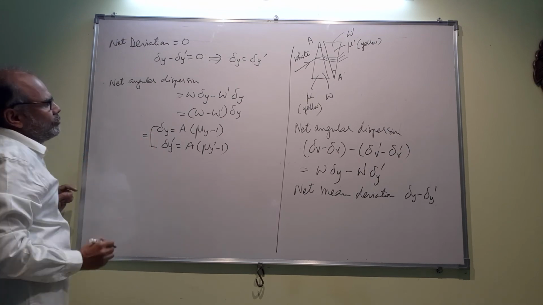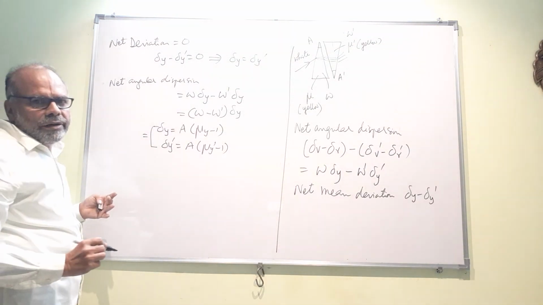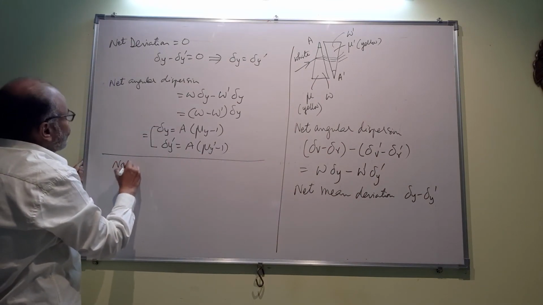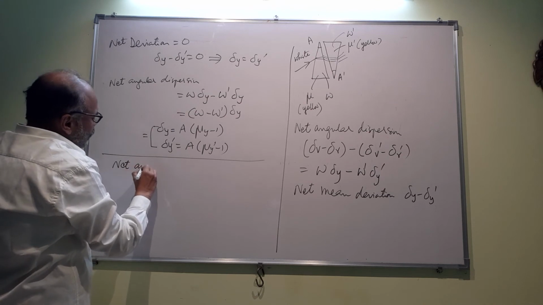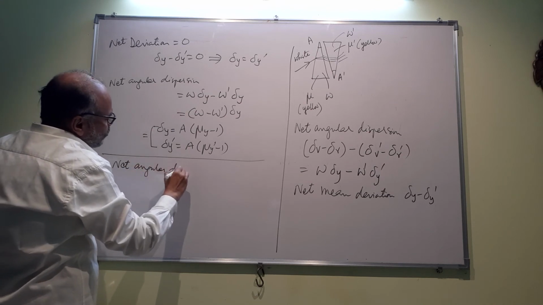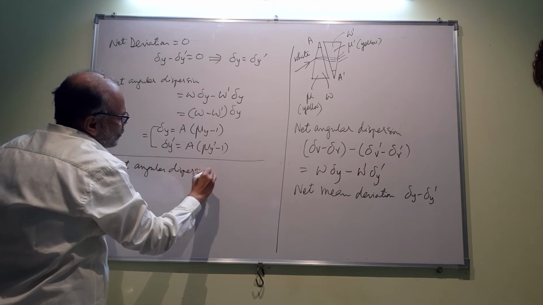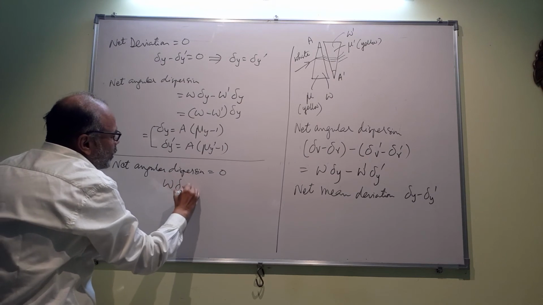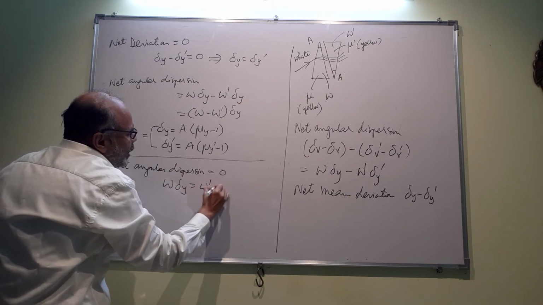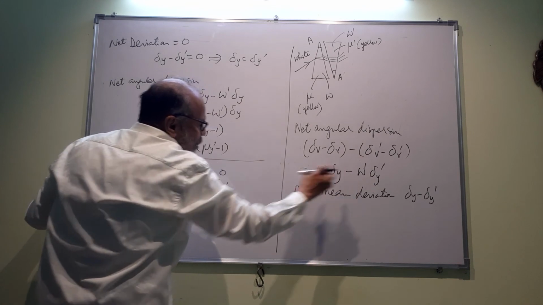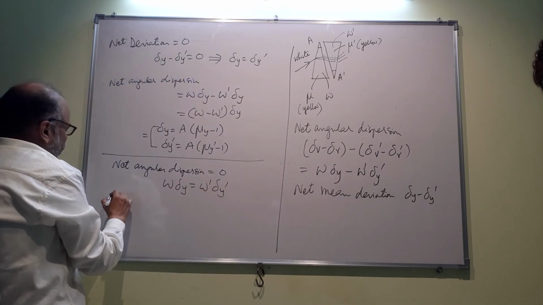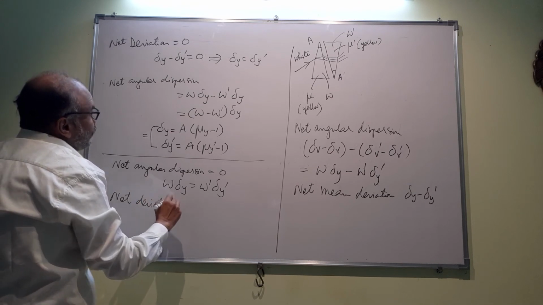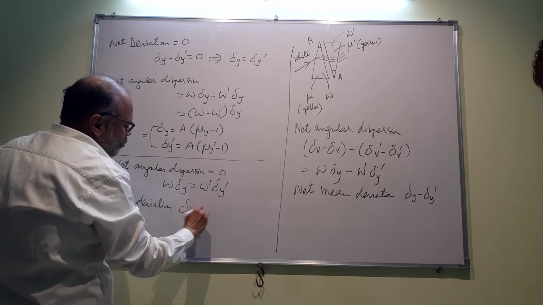Now the other condition that we can get is net angular dispersion is 0. So this quantity is 0. So we will have omega del y is equal to omega dash del y dash. What will be the net deviation now? We know the net deviation is del y minus del y dash.